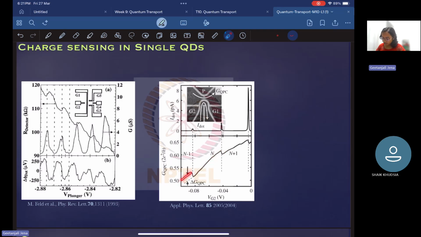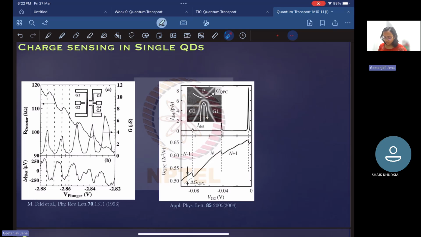So it's still measurable through this quantum point contact. This is the reason why we are using the quantum point contact as a sensor for the charging and discharging event, not the current sensors.